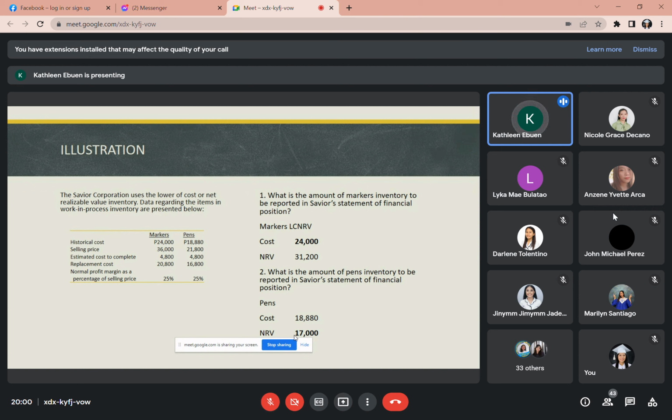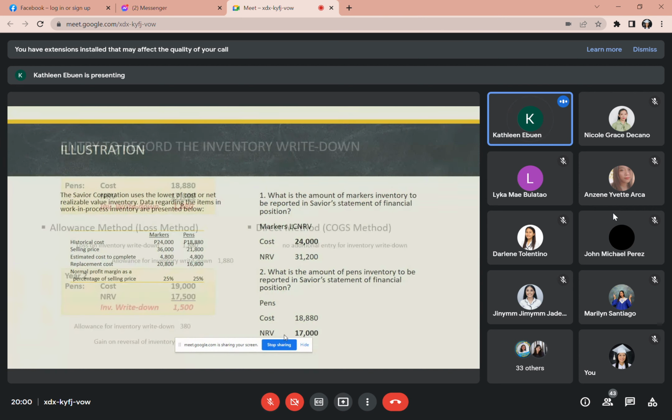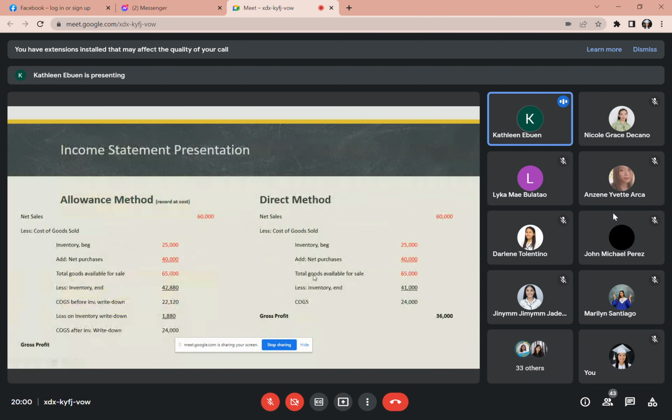So the total, magkano yung class? 24,000 plus 17,000? Magkano yun? 41,000. Okay, 41,000. So, ang ending inventory natin is recorded at LCNRV, 41,000. Therefore, ang cost of goods sold natin is 24,000. And the gross profit is 36,000.